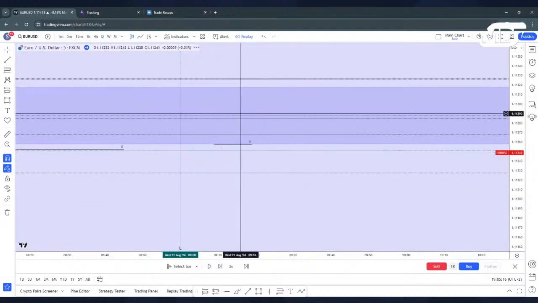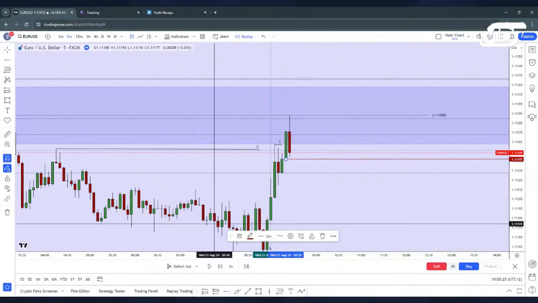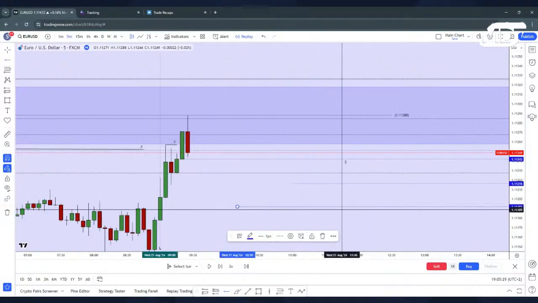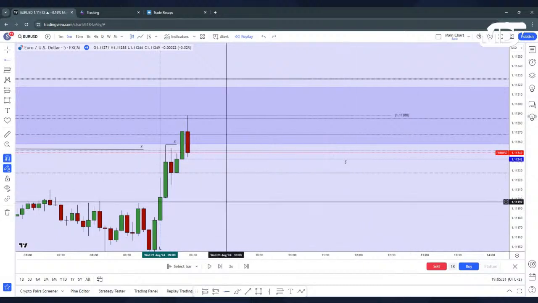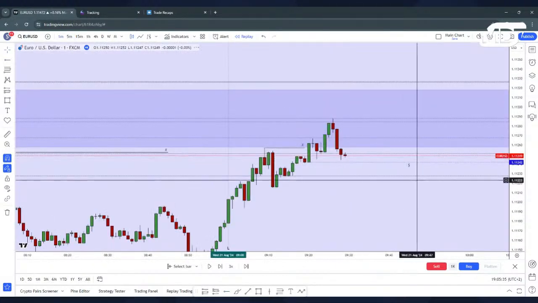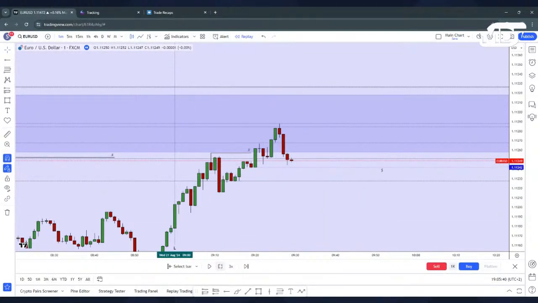And I just want to mark out the 5-minute level quickly. So then I was looking for that to be mitigated, just for price to trade below that point. Yeah, which is that open there.